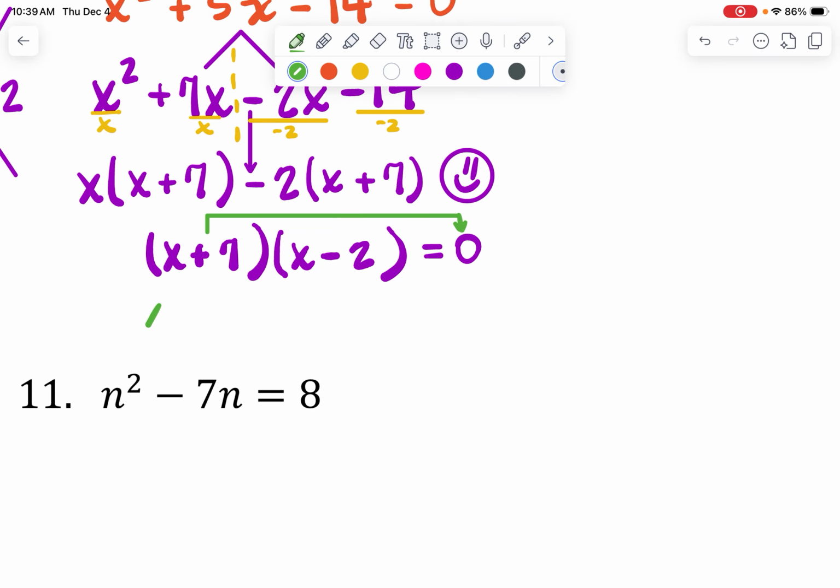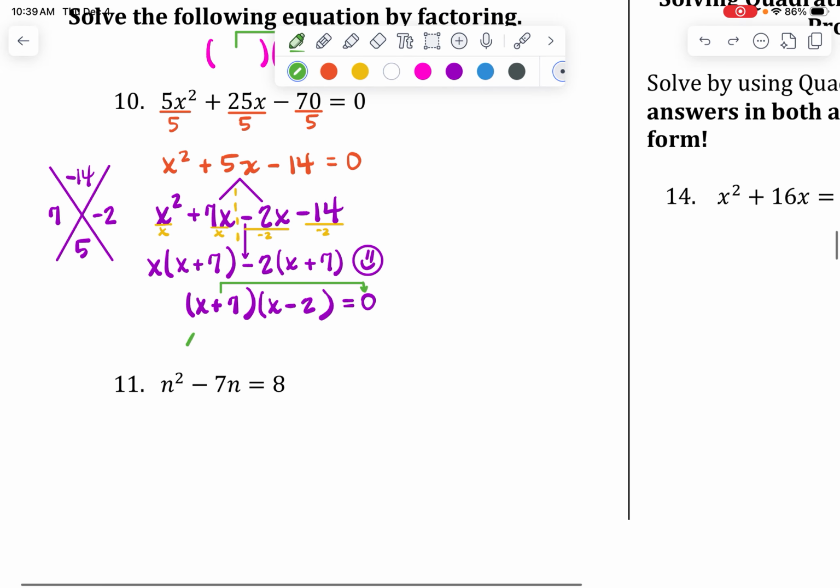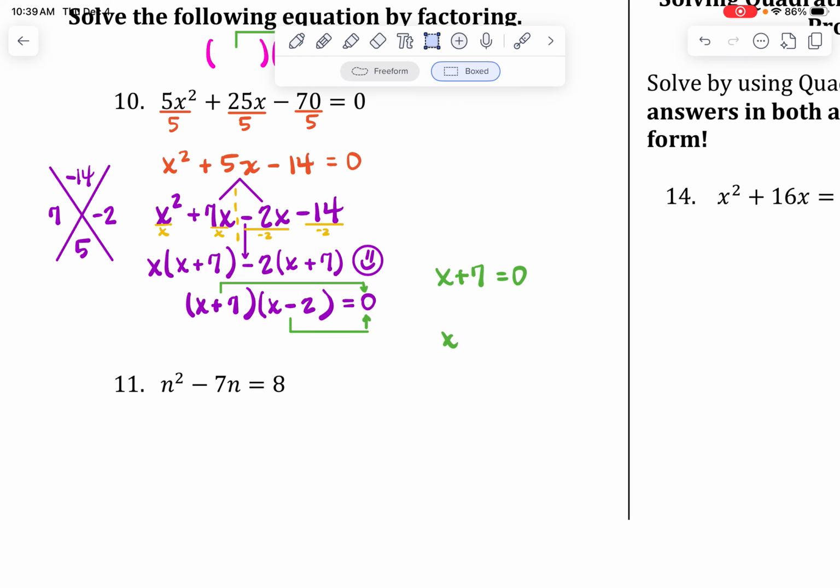All right, so I'm going to take x plus, actually, I'm going to do that over here. So I'm going to take x plus 7 and set him equal to 0. And then I'm going to take x minus 2 and I'm going to set him equal to 0. Sorry, I'm going to scooch these over. Okay.